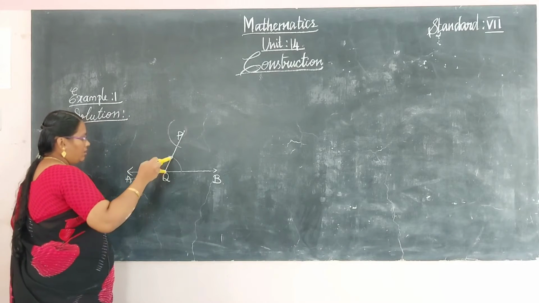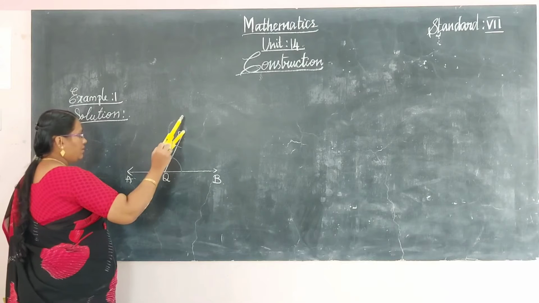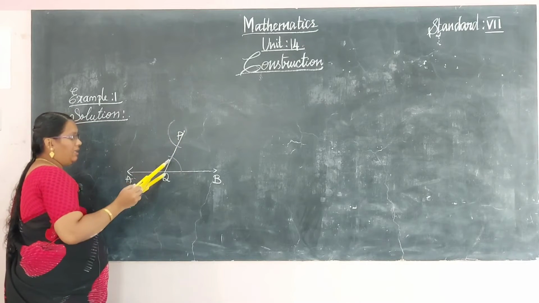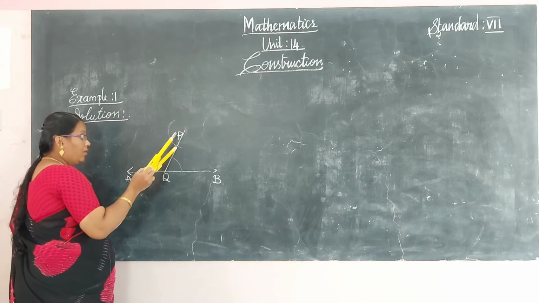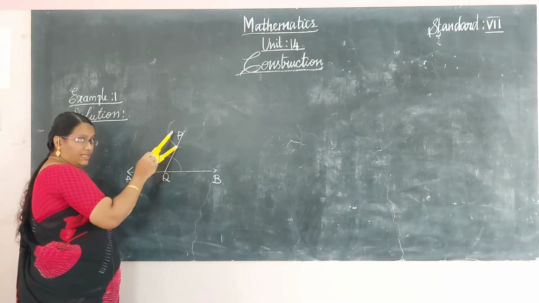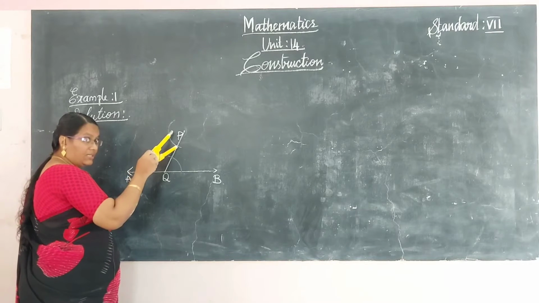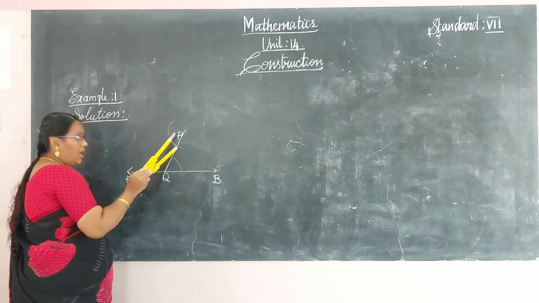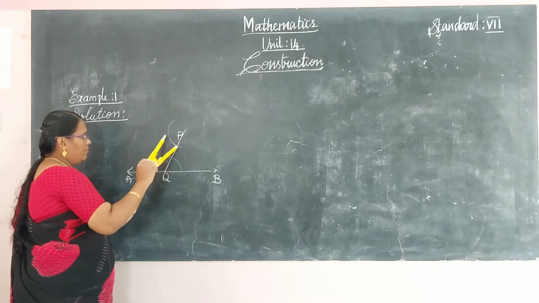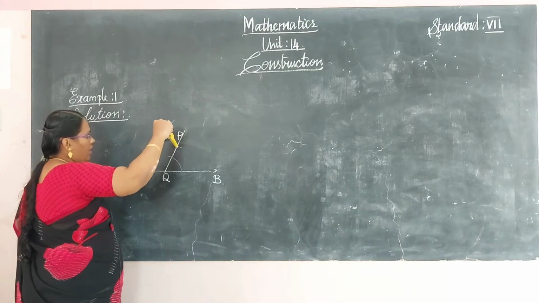Then, at the point where the arc intersects the line QP, taking that intersection point as the center, draw another arc with the same radius.